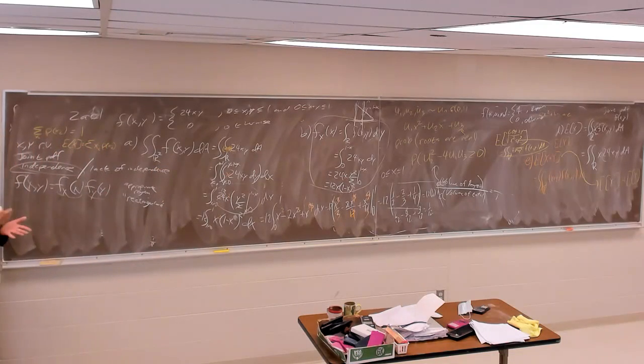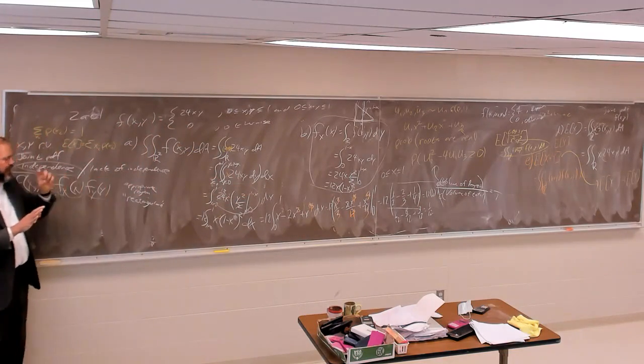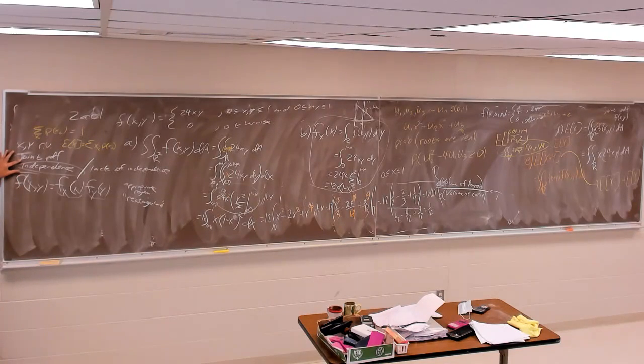I'm sort of jumping around between 3.3, which is this idea of just performing calculations like this, and then in the last homework, I gave you a lot of examples that came from independence.